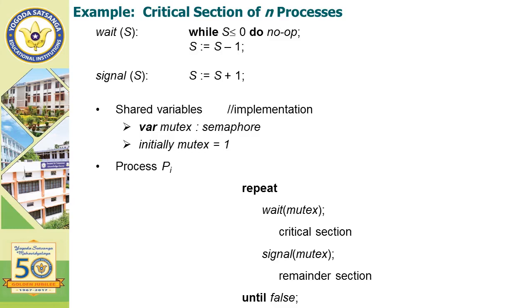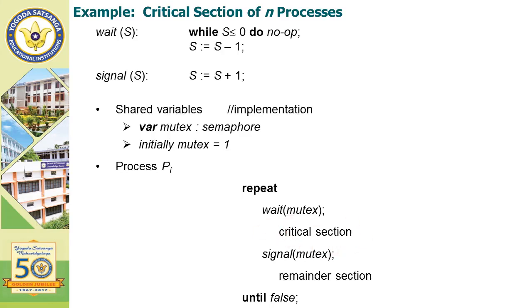Now other processes which are executing these sections see that s is equal to 0. That means s is less than or equal to 0, so other processes will not enter into the critical section. The process which has entered the critical section executes the critical section code.